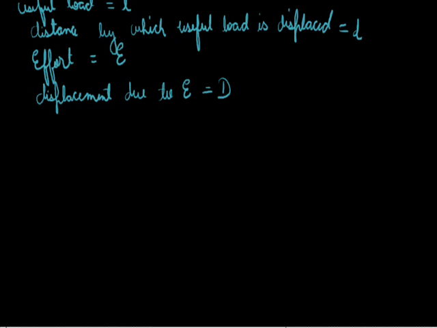Now, as we know, output is the work done in displacing the load. So output is equal to useful load into distance by which useful load is displaced, and input is the work done by a human being on a machine.